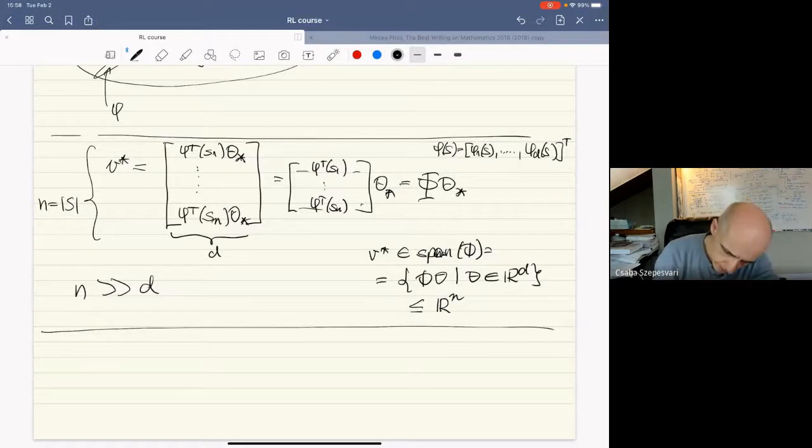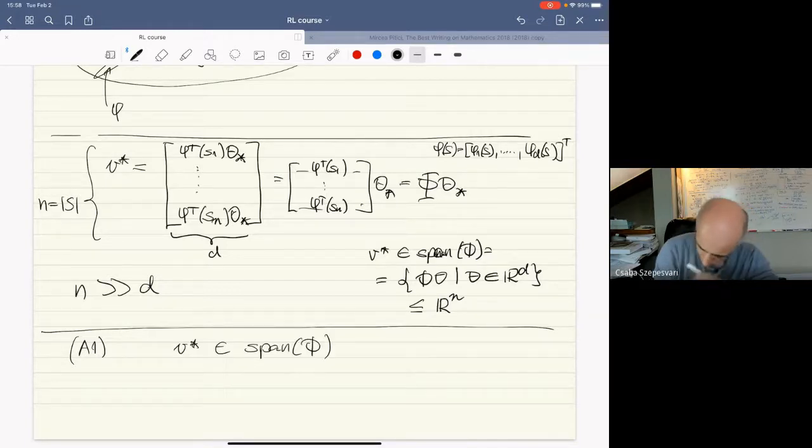So far, the assumption that we were talking about is that V star lies in the span of the features. But people have been at this problem for way too long to leave it with one assumption. There are various other assumptions. So this is called V star realizability with linear features.